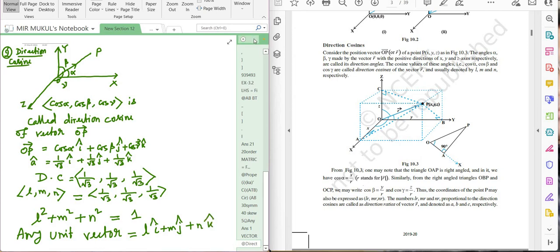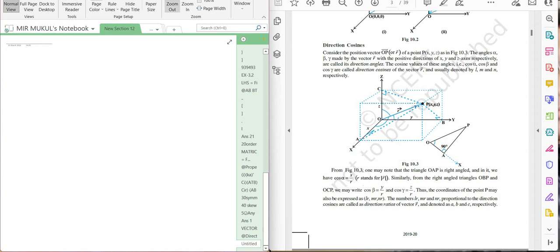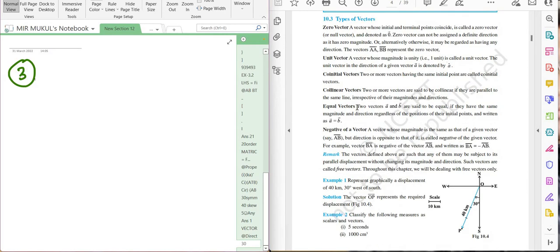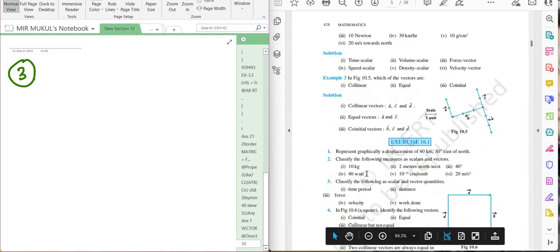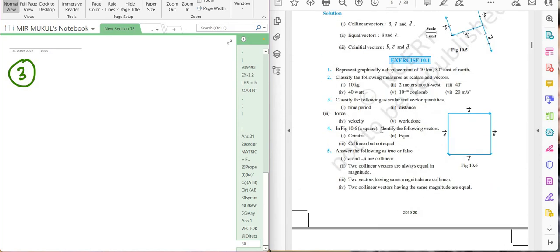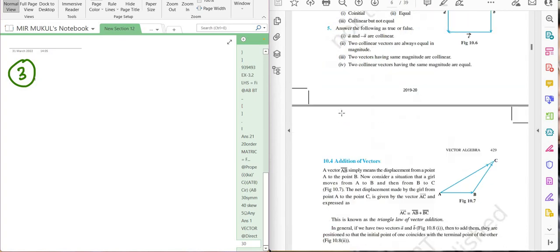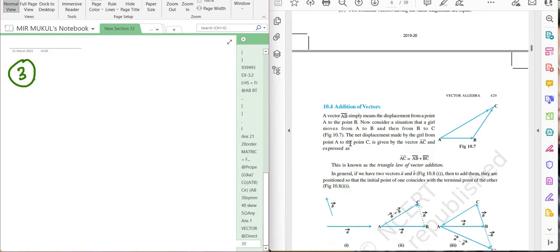So this was the direction cosine of a vector. Now, the third concept. So one by one, I am giving all the concepts from our CBSE syllabus. So 10.1 you can practice, but it is not so important from the examination point of view.